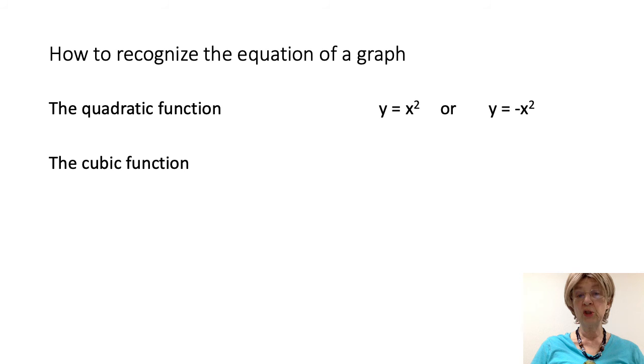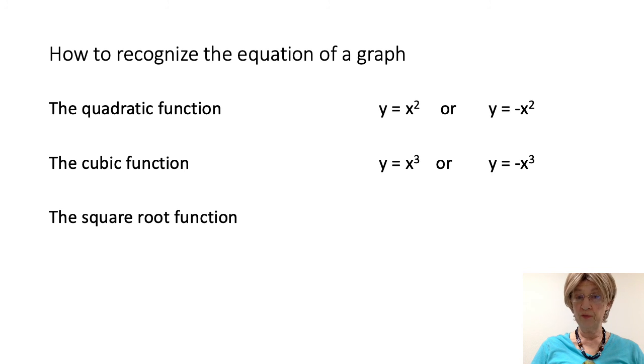The cubic function is very similar. You're looking for y equals x cubed or y equals minus x cubed. There can be a number in front of the x cubed. Like it could be 7x cubed plus 6x squared plus 5x minus 4 equals 0. You see that 7x cubed, it's a cubic function.